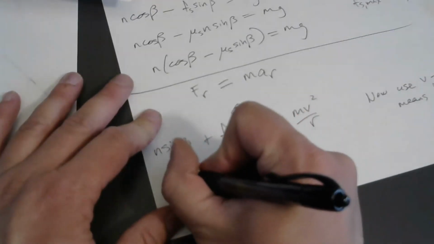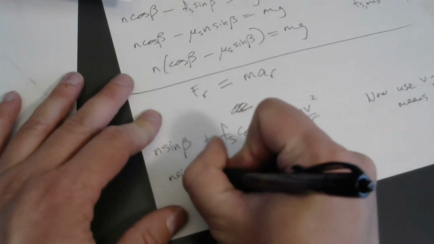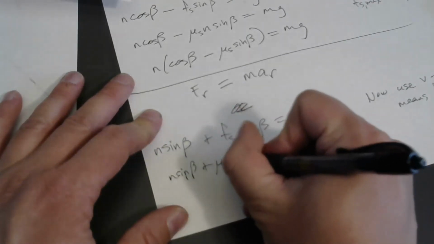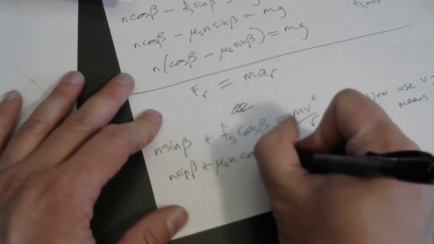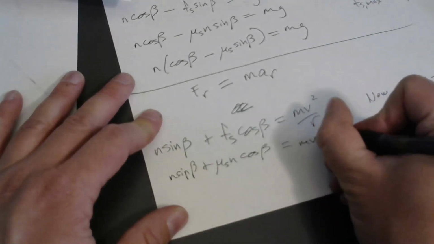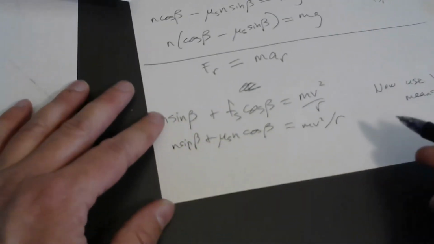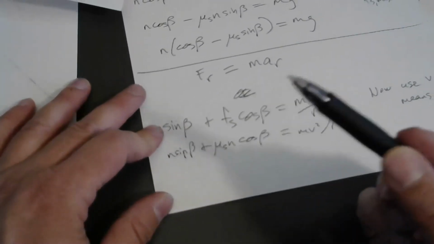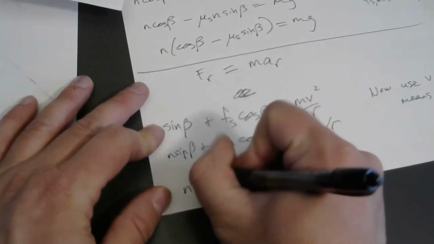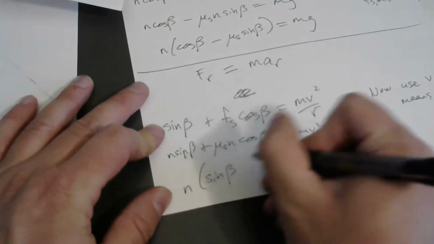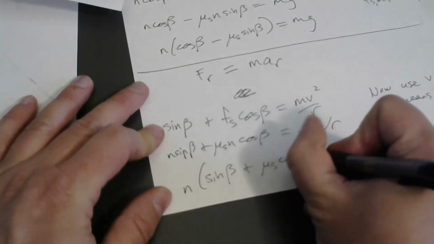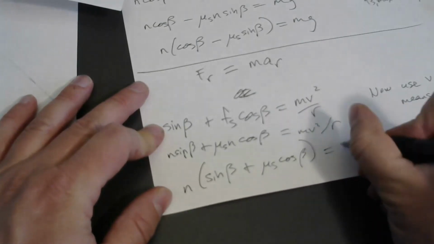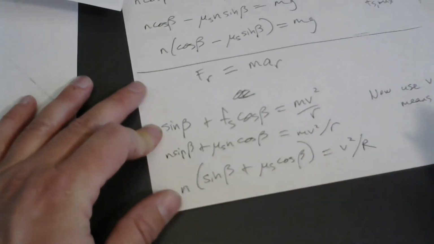Okay, that means we've got N sine beta plus mu times N cos beta. It's getting a little cluttered here. Just like before, we can factor out N: sine beta plus mu cos beta equals v squared over r.